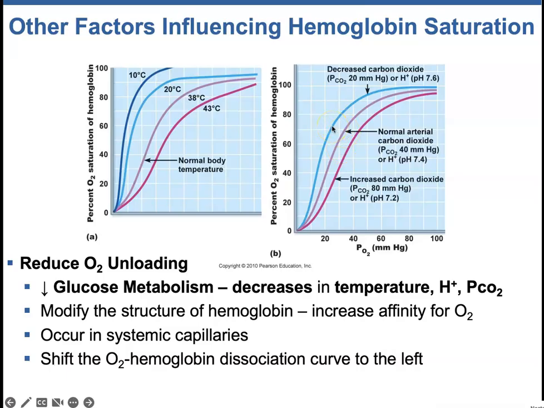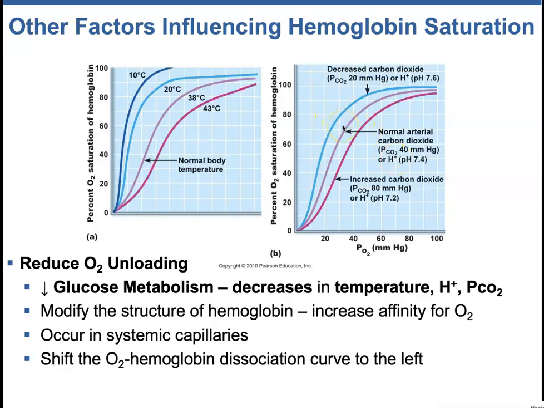The affinity for oxygen increases, which makes it harder for that oxygen to unload. But remember, you are less metabolically active, so your demand for oxygen actually decreases, and that is why this also shifts to the left.